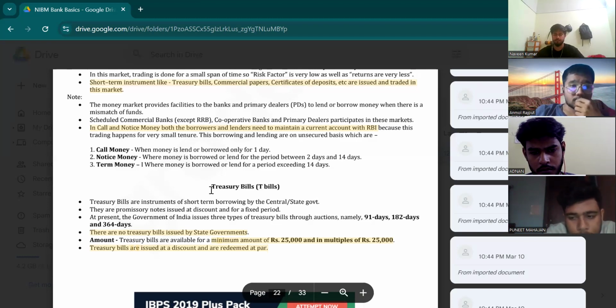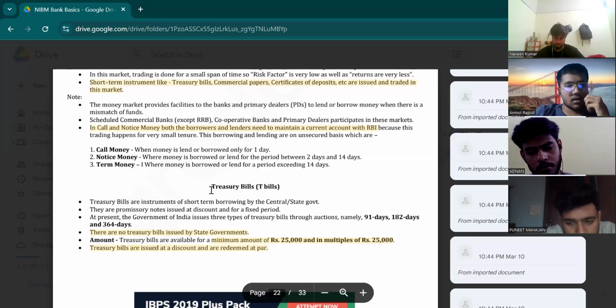Every Wednesday or Friday they hold auctions, and you can participate. If you are going to buy, you give 95 rupees today.